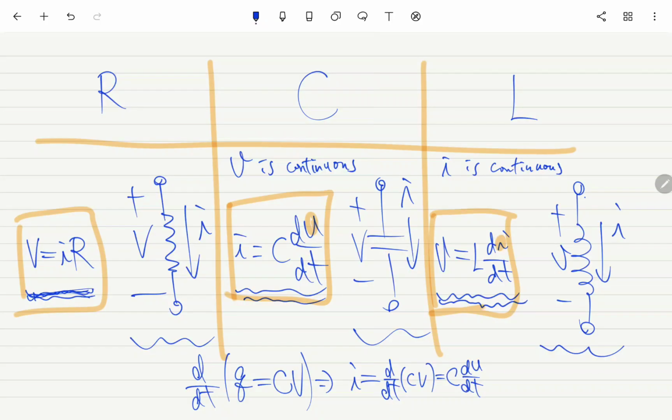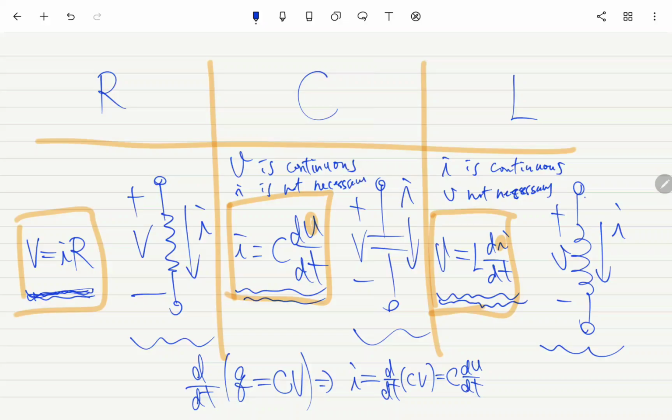But for the other quantity, it is not necessary.